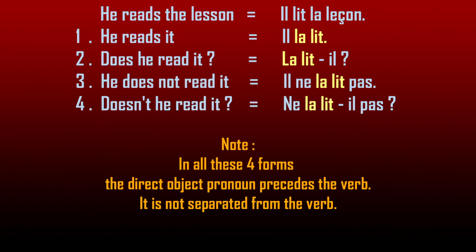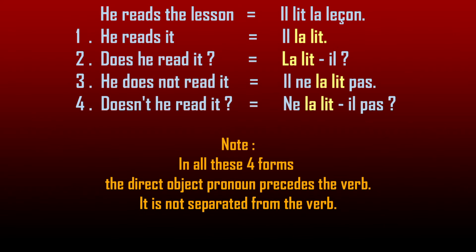So ne cannot be written just before lit because you have a direct object pronoun la that cannot be disconnected from the verb. So ne should be written even before la, and pas as usual is written after the subject. So you get the construction: ne la lit-il pas. Doesn't he read it?